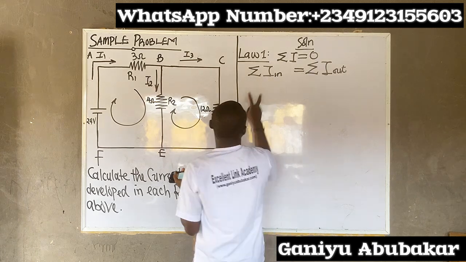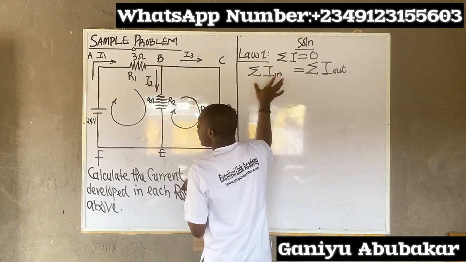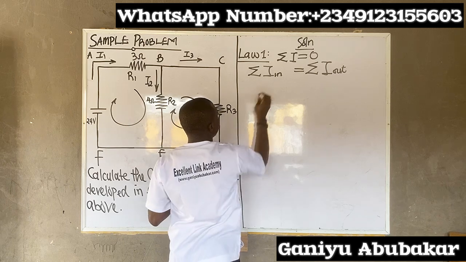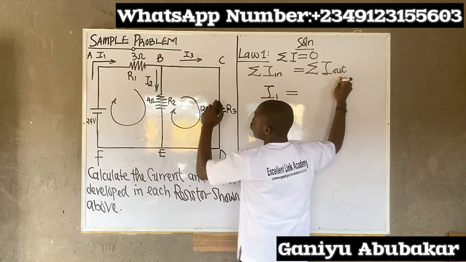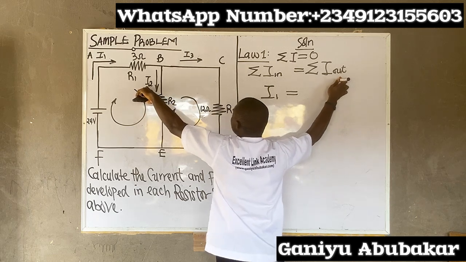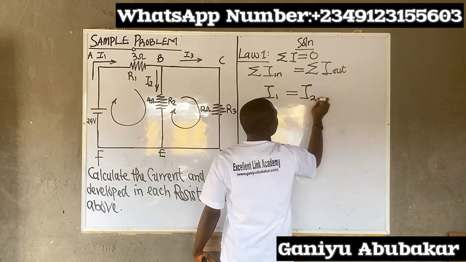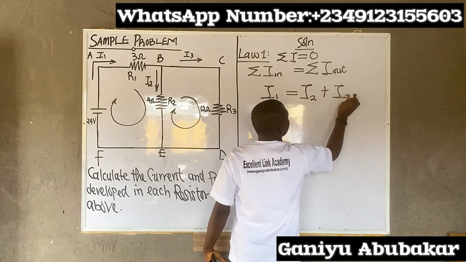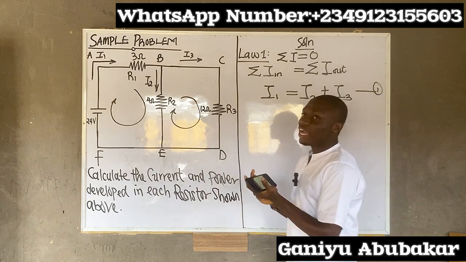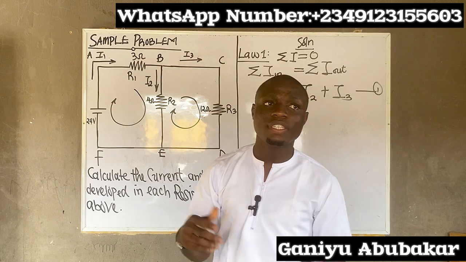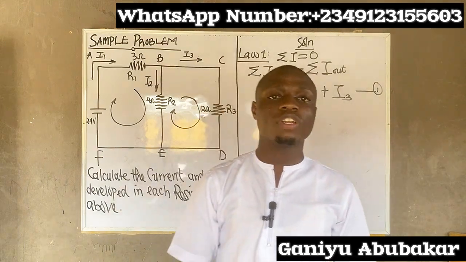So the only current in is I1, and I1 equals I2 plus I3. Call this equation 1. I have applied my first law, the KCL.